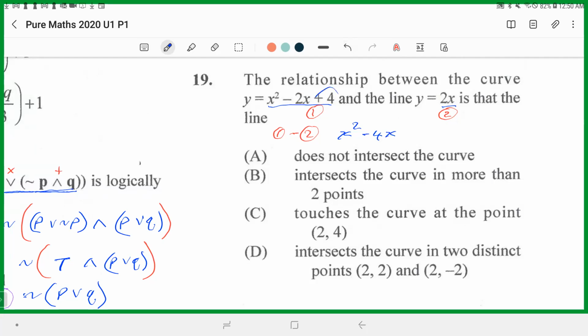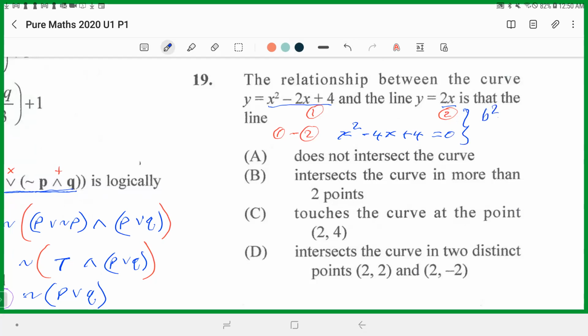And then the 4 minus nothing is just 4 equals 0. And you want to know the nature of the root for this equation. This equation is going to tell you where the line and the curve intersect. If this equation has 2 different roots, it means that they intersect at 2 points. If it has equal roots, they intersect at 1 point. If it has no real roots, they don't intersect at all.